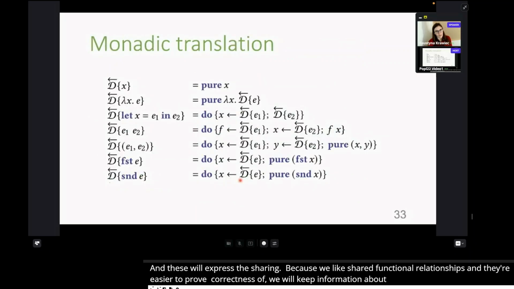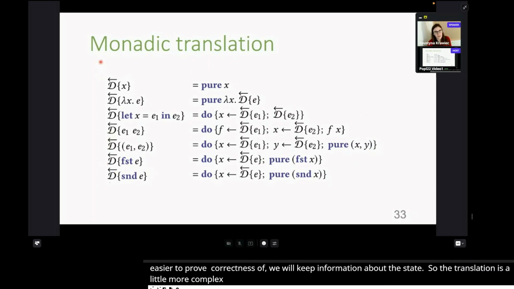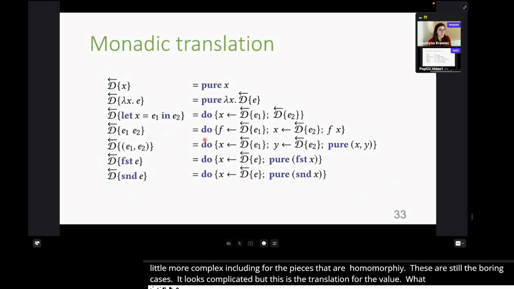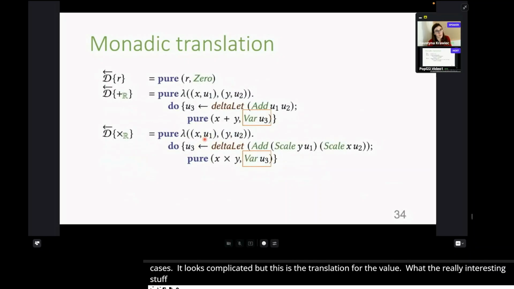So the translation is now a little bit more complex, including for the cases that used to be homomorphic, but it still doesn't really do that much. So these are what used to be the boring cases. They're still the boring cases. If you look closely, it looks quite complicated, but this is just a standard monadic translation for call by value. What the really interesting stuff happens, again, at the real numbers types.